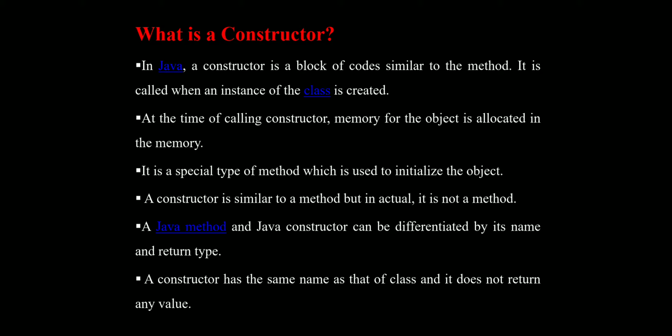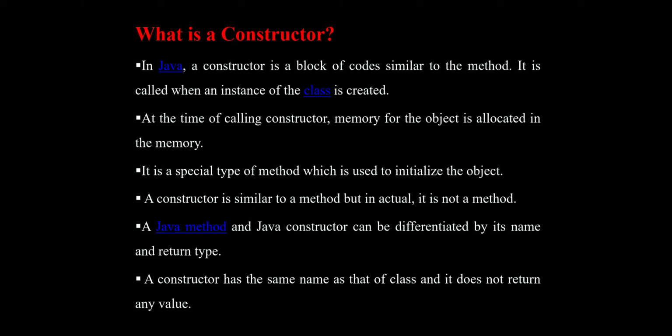Now we can see what they are. First, a constructor is a block of code similar to a method. It is called when an instance of a class is created.